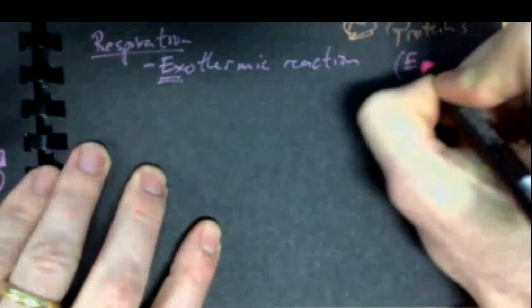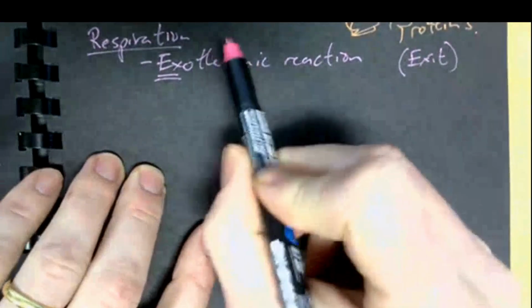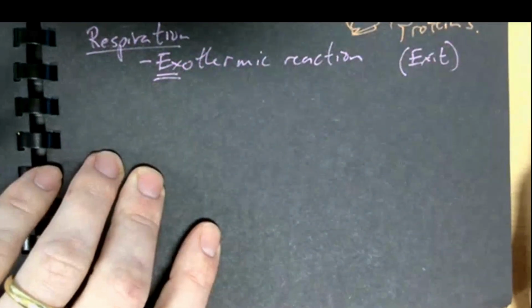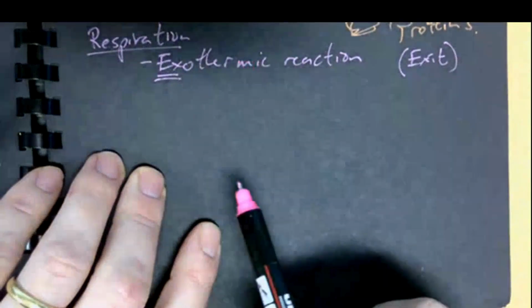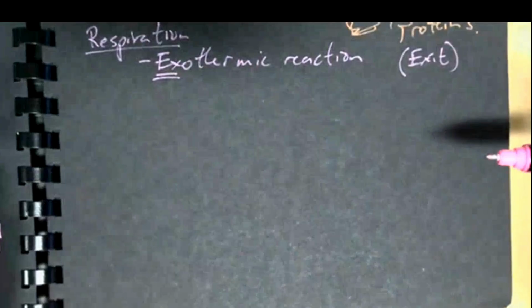Remember, this prefix here is the same as exit. If you're going to exit something, you're going out of something, and so exothermic means that energy is being given off. The opposite of that, remember, is endothermic, and that's when energy needs to go into the reaction for it to happen.